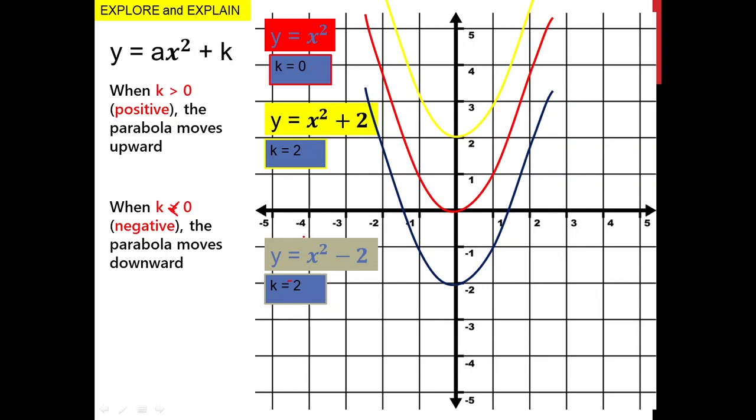Because this one here is our parent graph, right? x squared, the red one. Now, since we have an additional value here, which is the k, and k is negative 2, when k is negative, the parabola moves downward. So from our parent graph, x squared, we have a change of behavior here. Since that is negative 2, it moves 2 units downward.